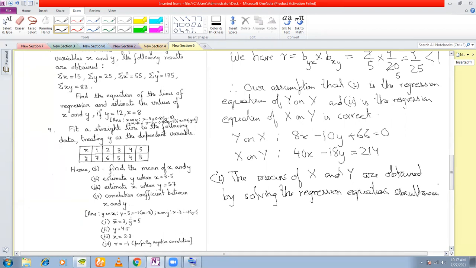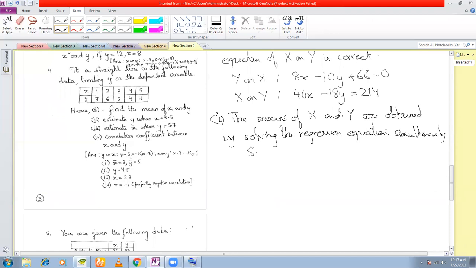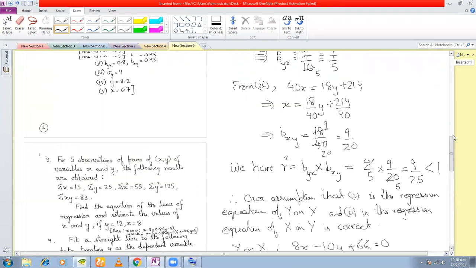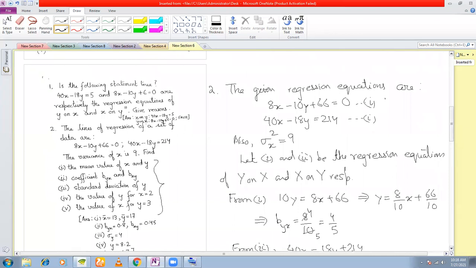You know how to solve simultaneous equations? You'll solve these two equations. Let's solve. Solving 1 and 2. How do we solve? Let's eliminate x first. In order to eliminate x, you need to multiply this by 5 and you need to multiply this by 1.